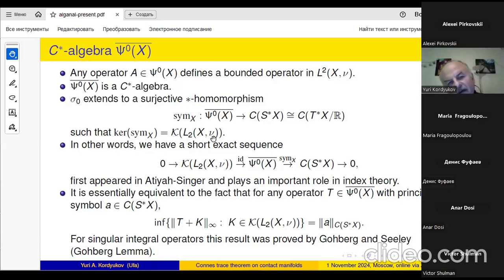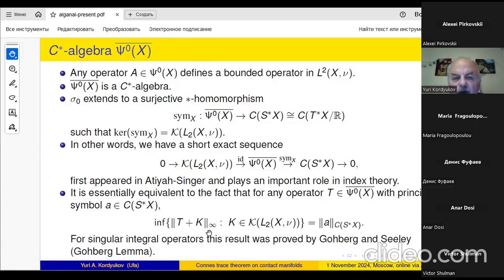But on the other hand, this fact that we have a short exact sequence is essentially equivalent to the fact that if we have any operator in this closure of zero-order pseudodifferential operators with principal symbol, then this quotient norm is just the rate of best approximation of the operator by compacts.